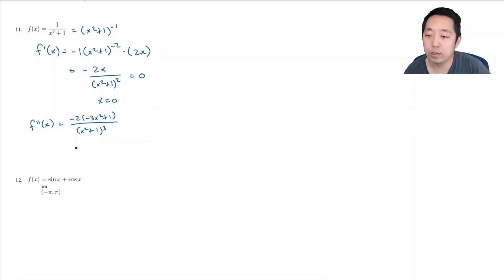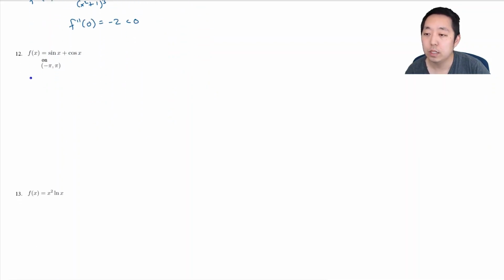Okay, and then I want to evaluate at 0, so this is my critical number, what the second derivative would say. This is 0, so that's positive 1, that's negative 2 over 1, it's negative 2, that's less than 0, so it's concave down. Okay, that's what a concave down looks like. And the critical number is where the derivative is 0, so that makes it a maximum.